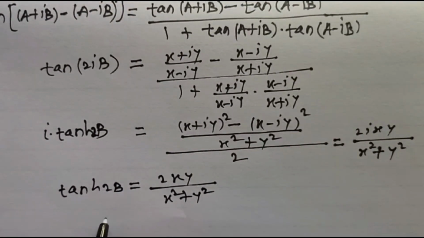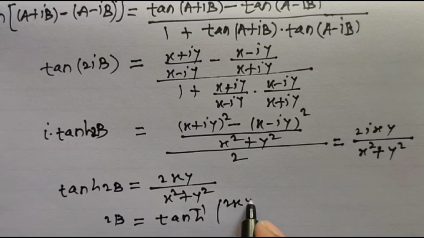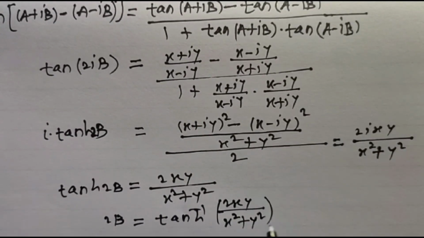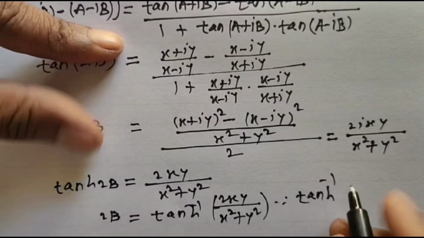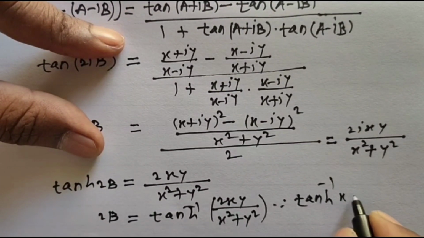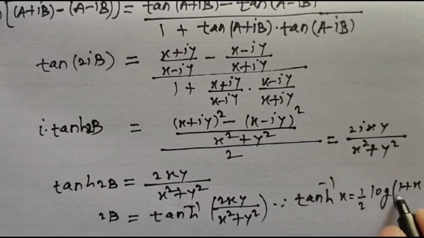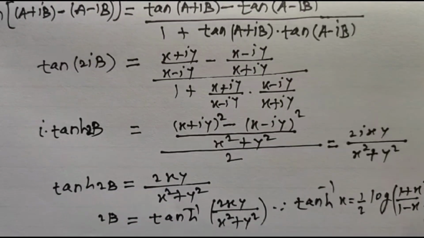Now 2b is equal to, taking hyperbolic tan inverse on this side, hyperbolic tan inverse of 2xy divided by x square plus y square. But you know the formula, hyperbolic tan inverse x is equal to 1 by 2 logarithm of 1 plus x divided by 1 minus x. You know this formula.